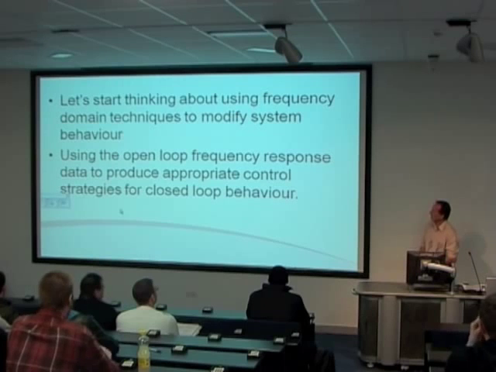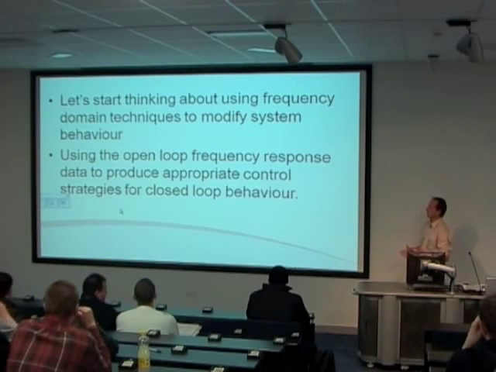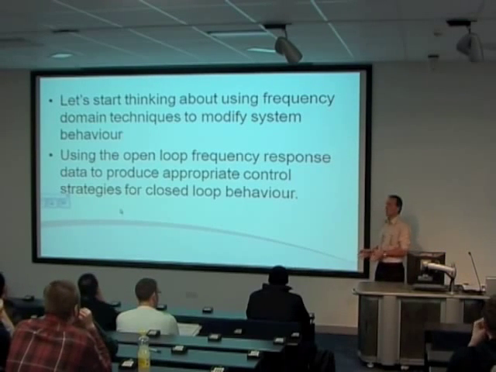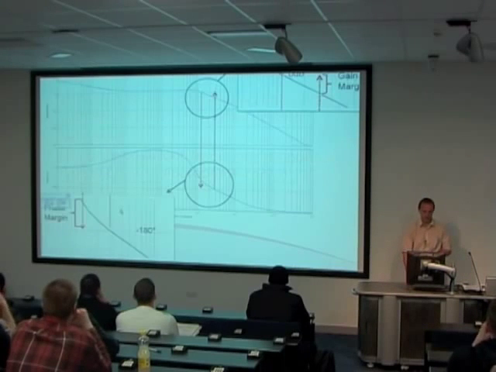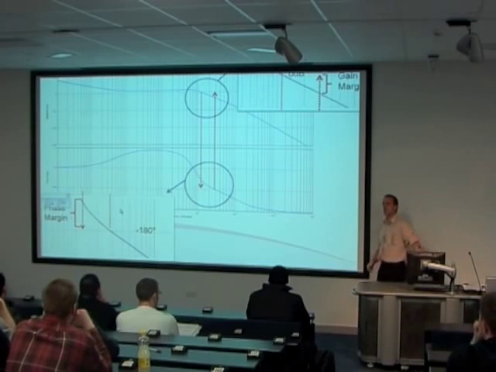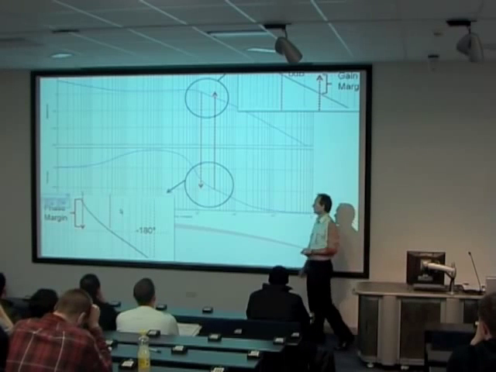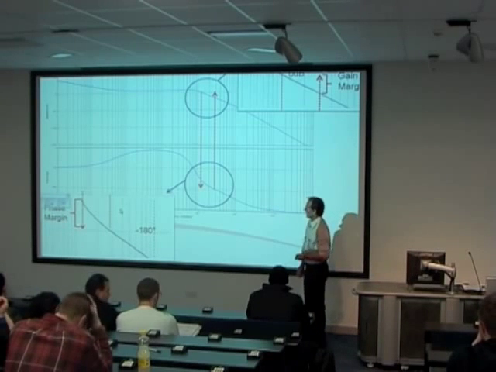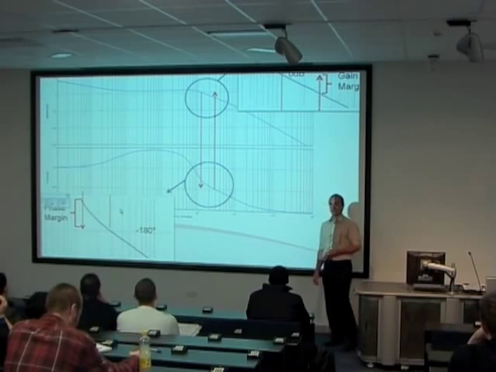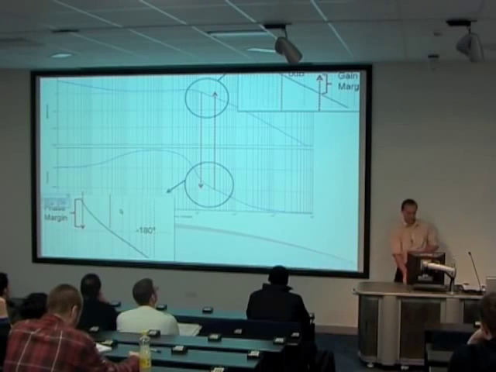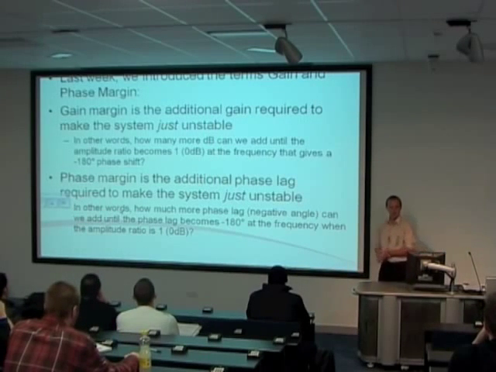So we're going to use frequency response from open loop data to produce appropriate control strategies in the closed loop. Okay, and this is the slide you saw last week, just to refresh your memories about what the gain and the phase margins look like. And here again is last week's slide just to describe them.